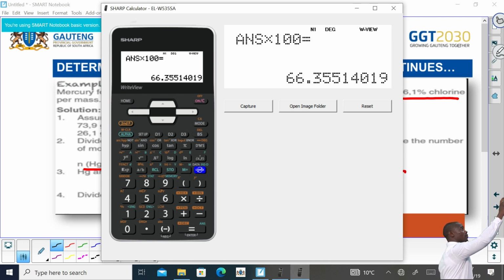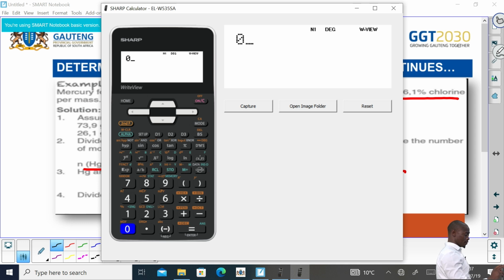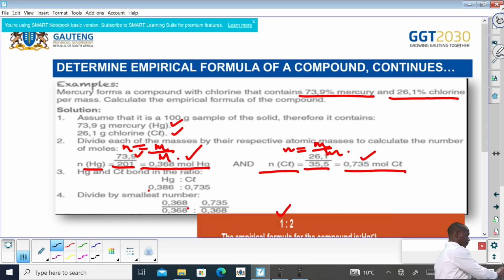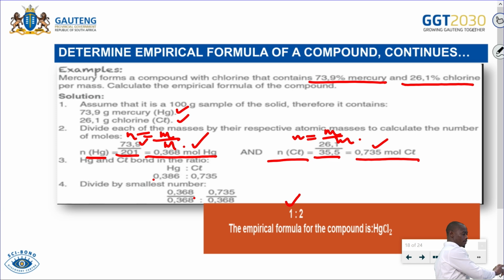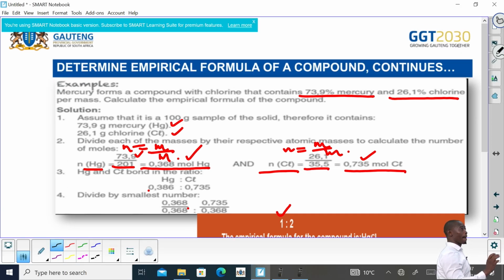So it's 0.7. Let me check again. 0.735 divided by what? 368.